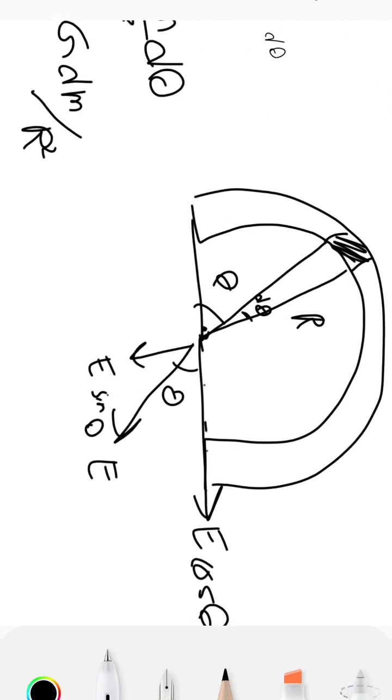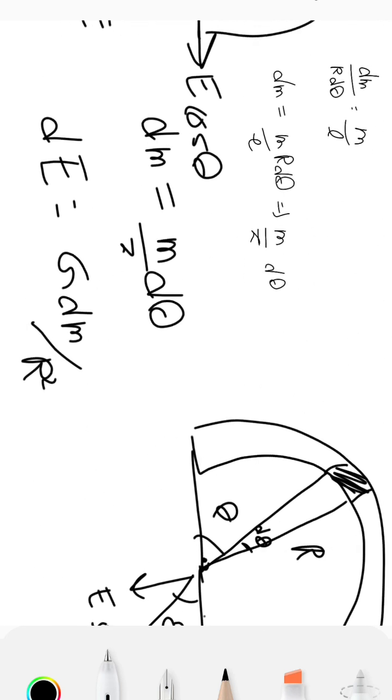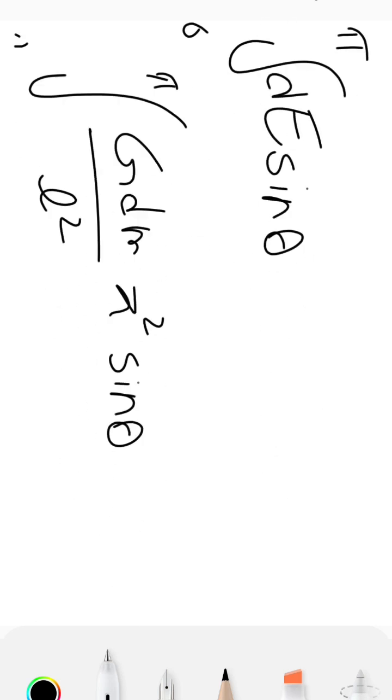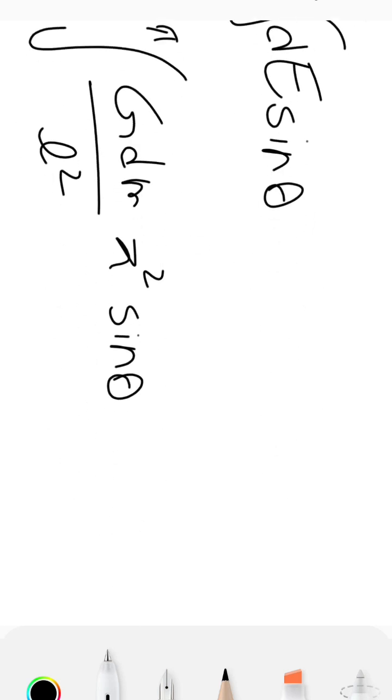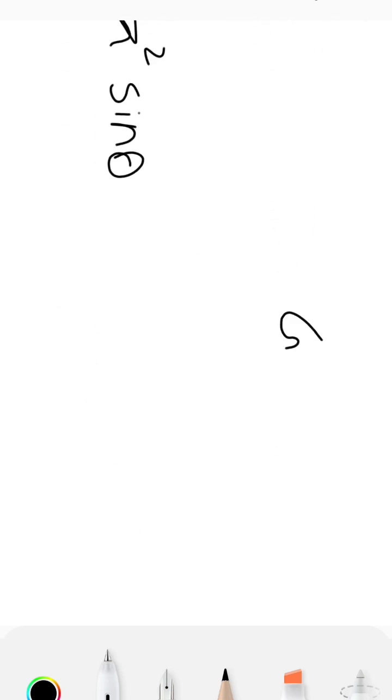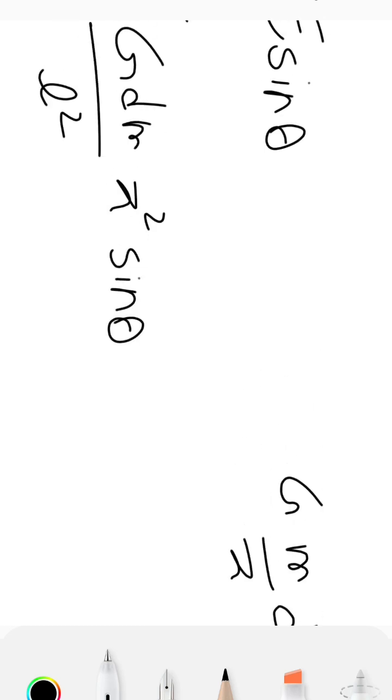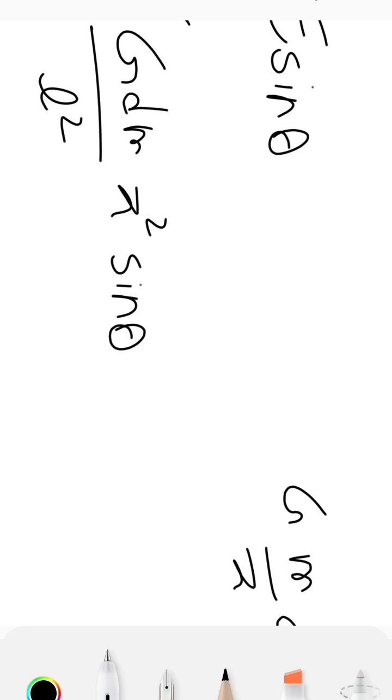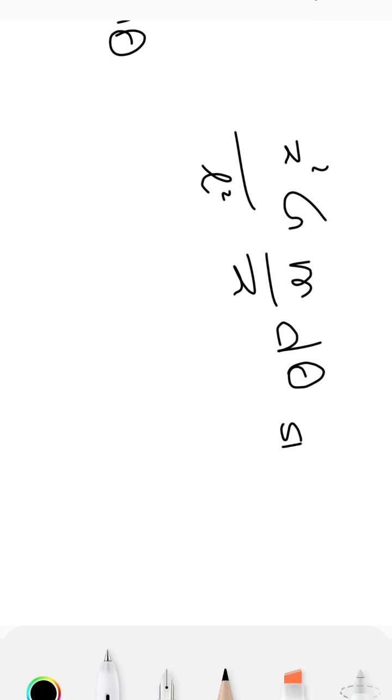The value of dm is given as m by pi d theta. So you can write here as G m by pi d theta, pi square by l square, sin theta.